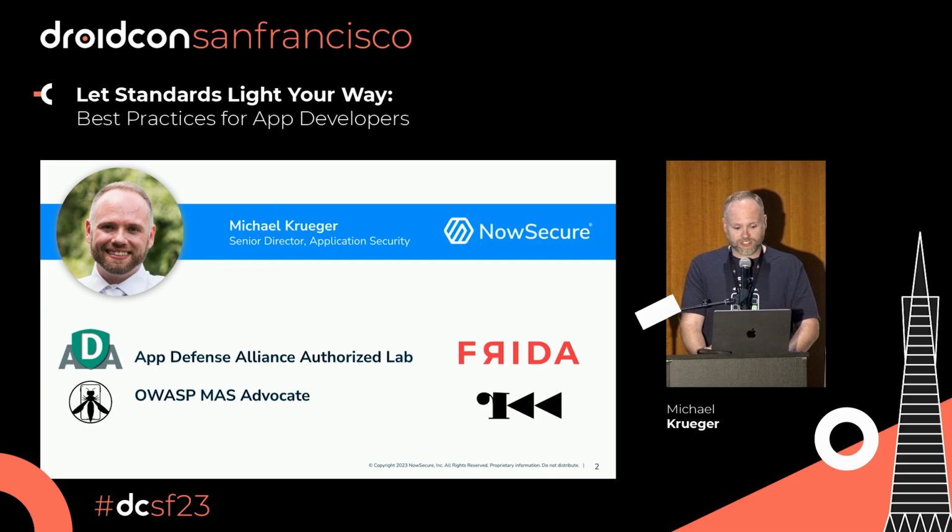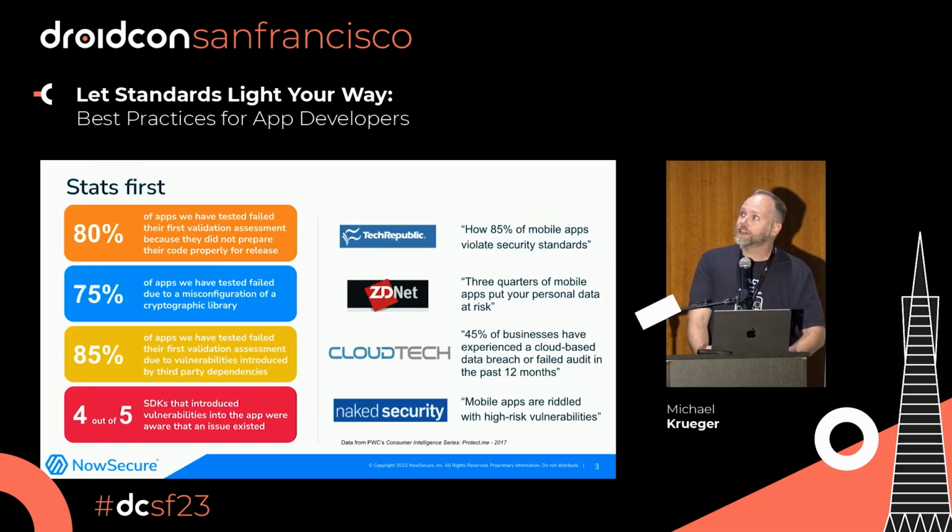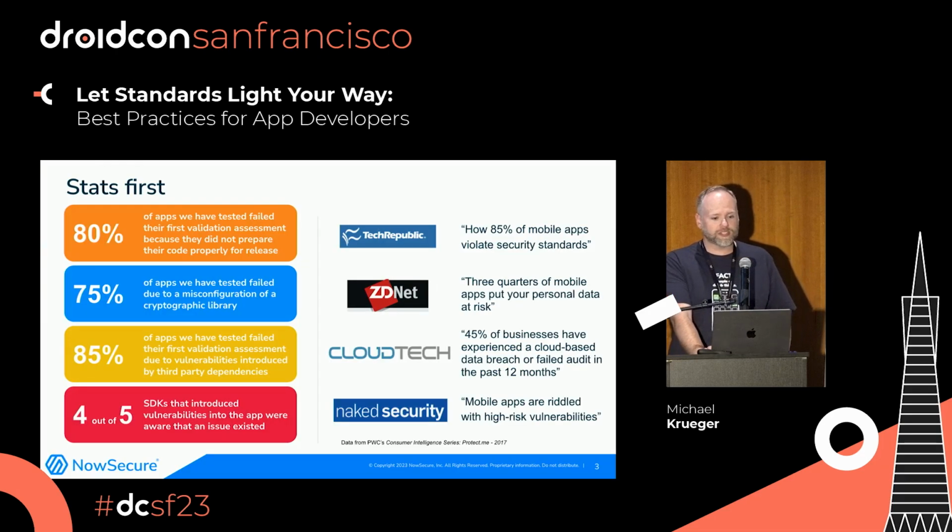We are one of 6 App Defense Alliance authorized labs and the only global OWASP mobile application security advocate. We are also project sponsors of FRIDA. I think I met a couple of you talking about FRIDA this conference, as well as Radare, or R2, which is a reverse engineering framework.